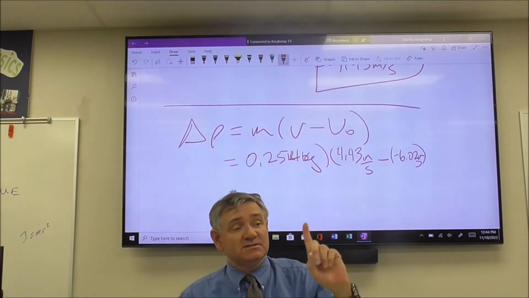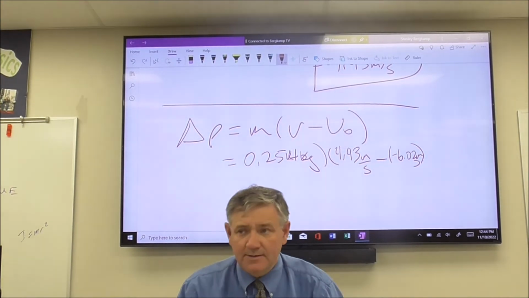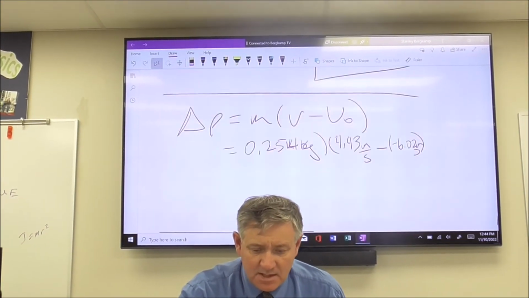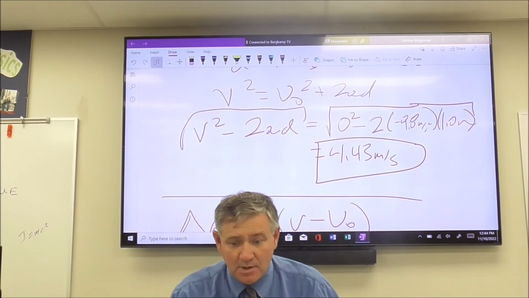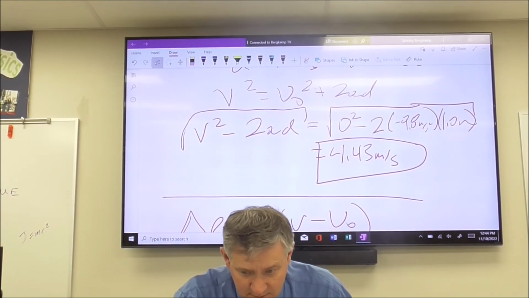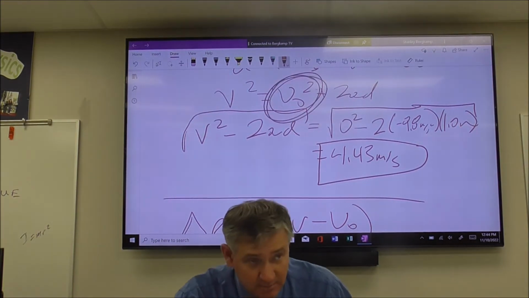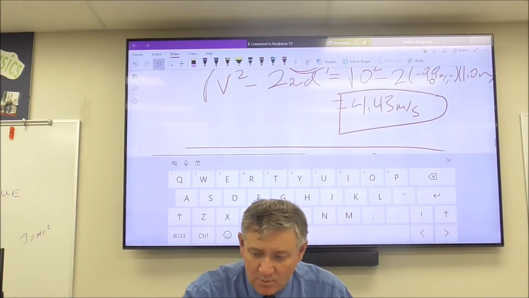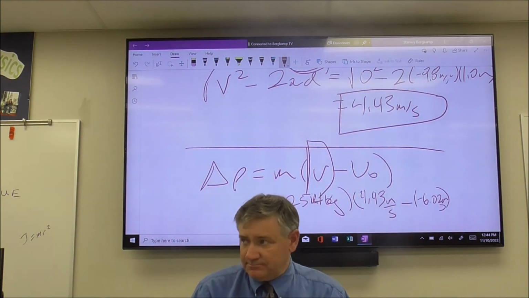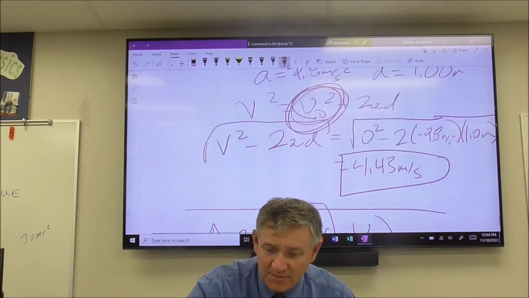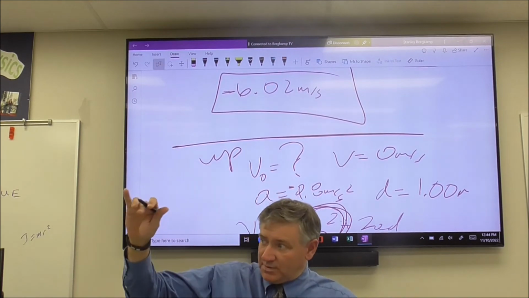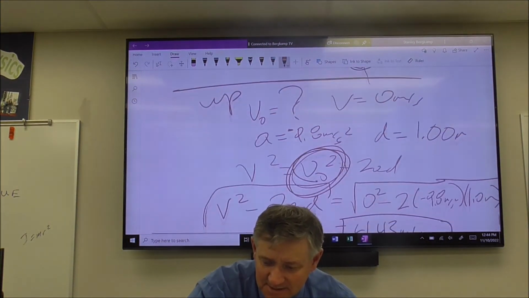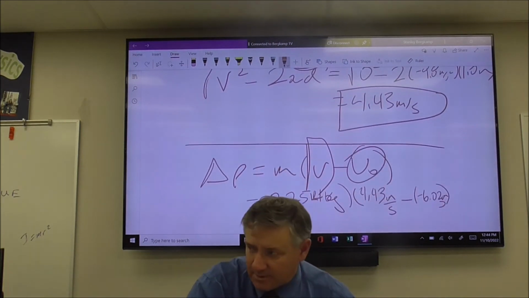Now, this is the tricky part. When you found the velocity here, that became V. And when you found the final velocity when it hit the ground, that became the V naught here.